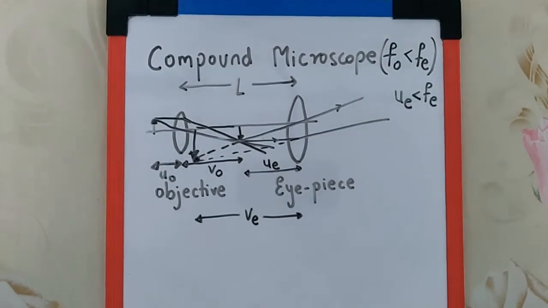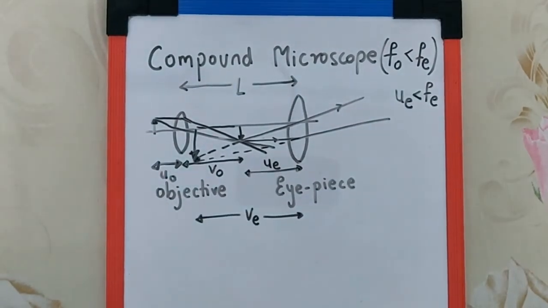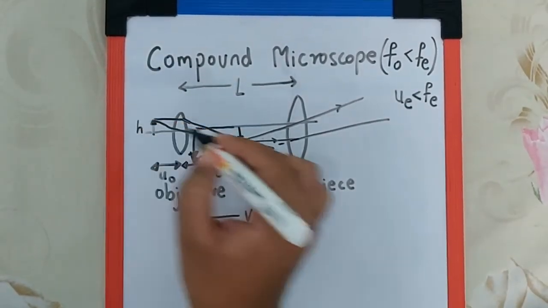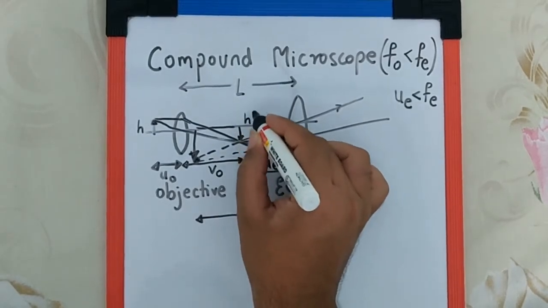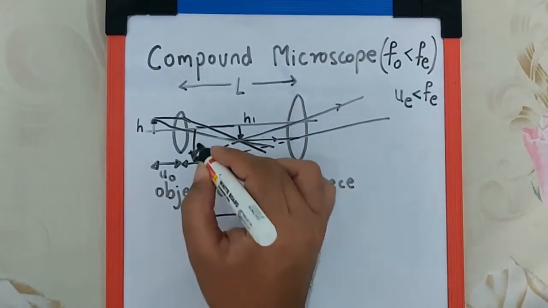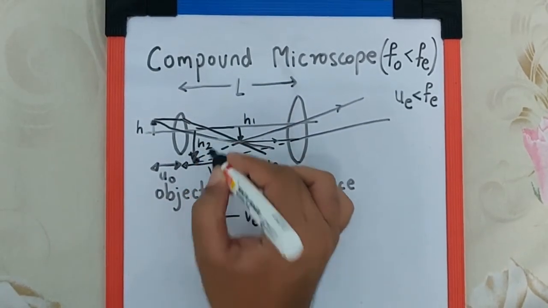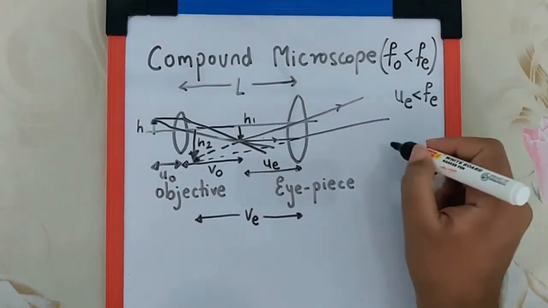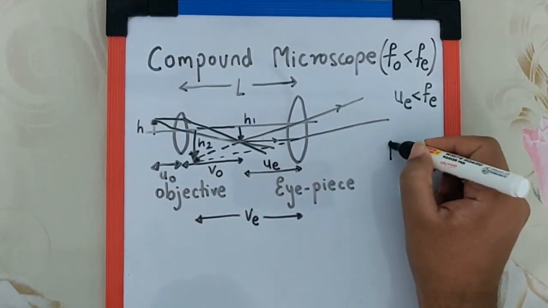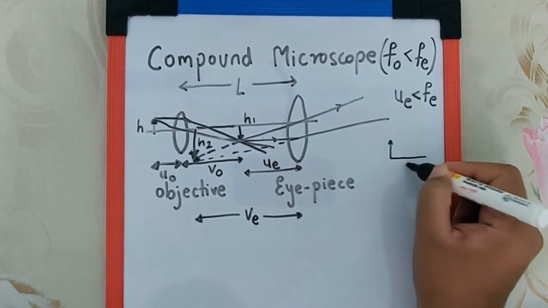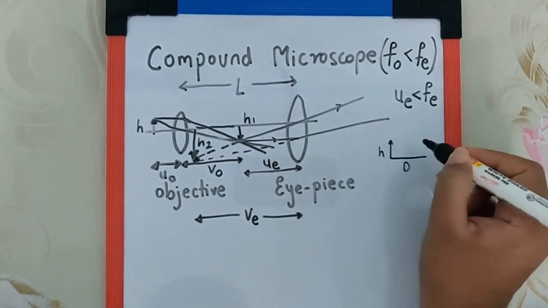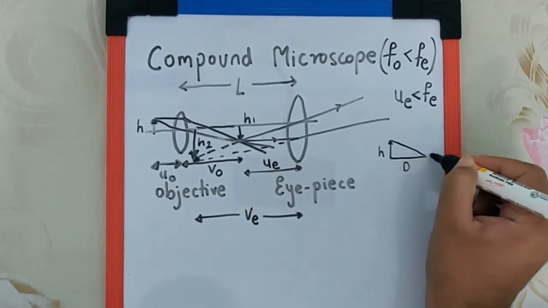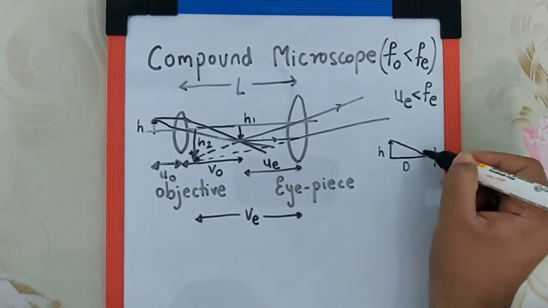Now for this particular object, let's say the height is h, the first image formed has height h1, and the second and final image formed has height h2. Now if we see the object directly without any instrument from the distance d, it will subtend an angle at our eye.